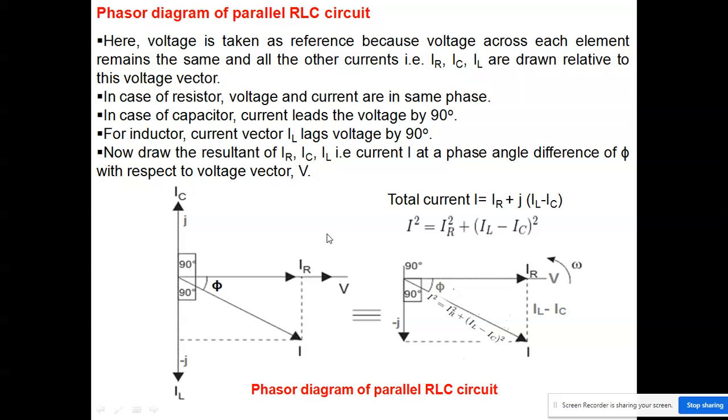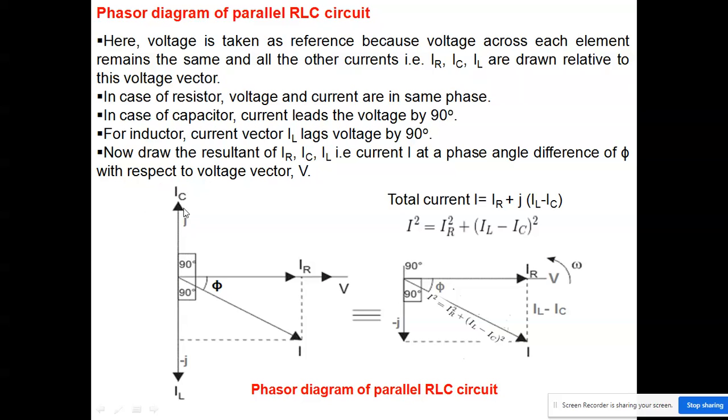In the case of the resistor, the current and voltage are both in the same phase, so both are in this direction. But when we are talking about the capacitor, we know the current leads by 90 degrees. So I'm representing it here. Whenever something is ahead by 90 degrees, we use the j operator, which we have already discussed in the phasor representation or in the complex plane.